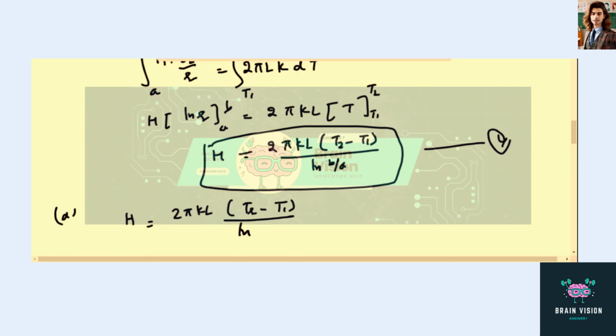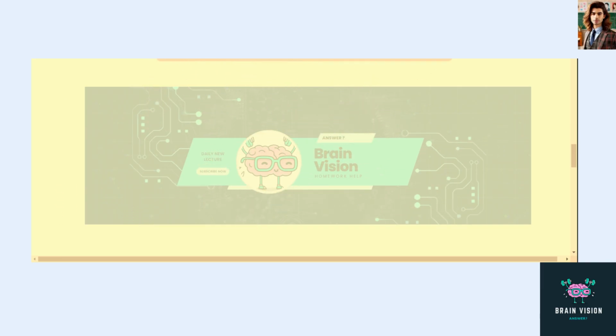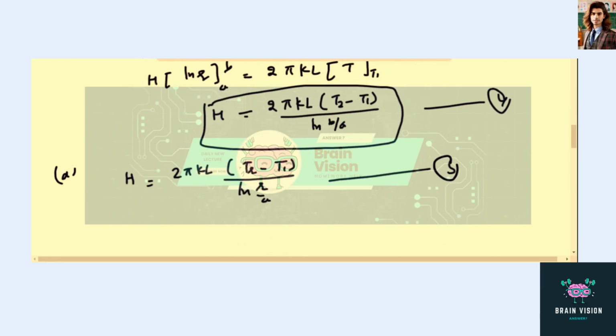So from equation 4 and 5, divide equation 5 by 4. You will get temperature as a function of r to be T2 minus T1 into ln of r upon a upon ln of b upon a plus T1.